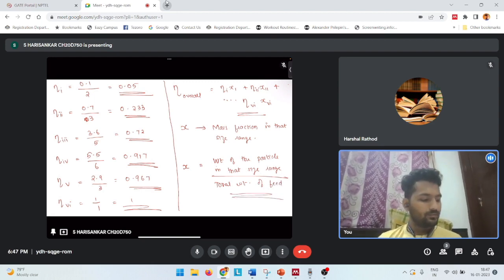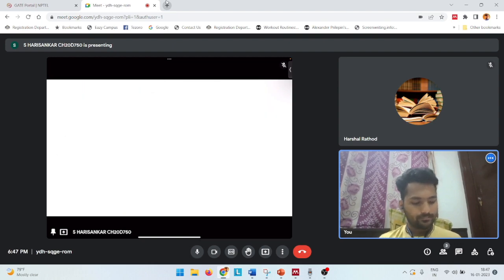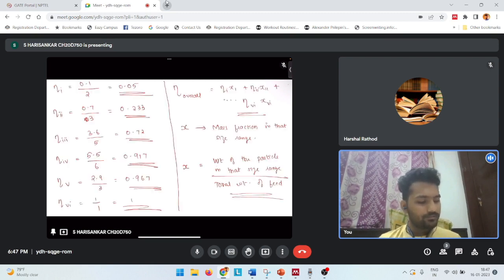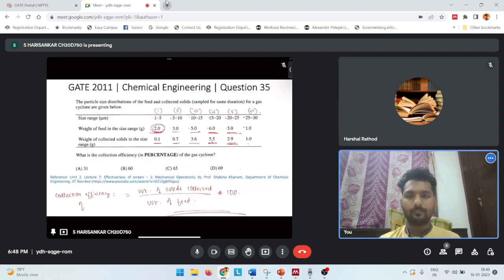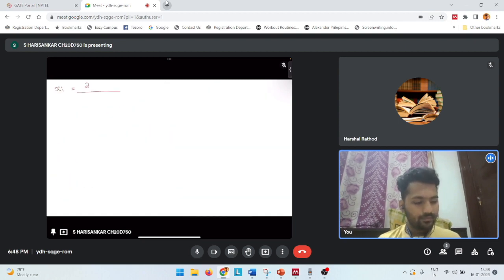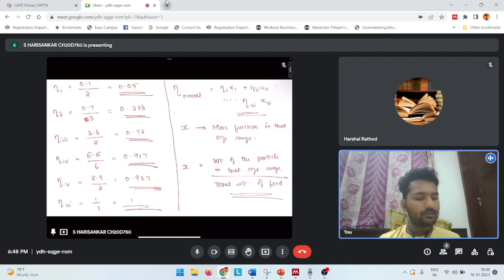Now for example, in the size range 1, x1 will be the weight of the feed in that size range, which is 2, divided by the total weight of the feed.